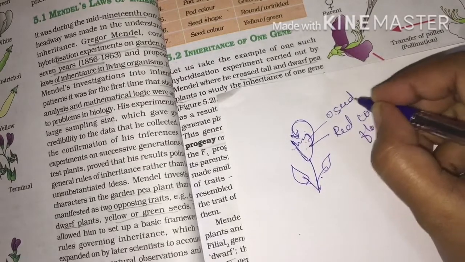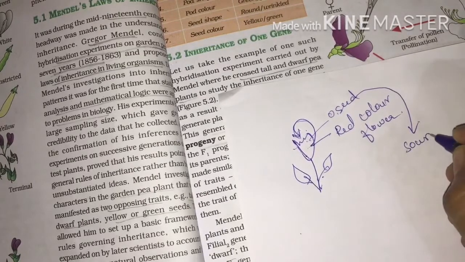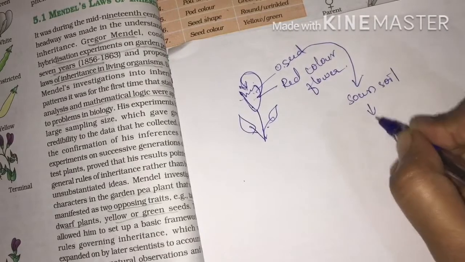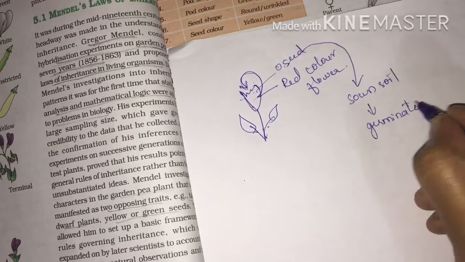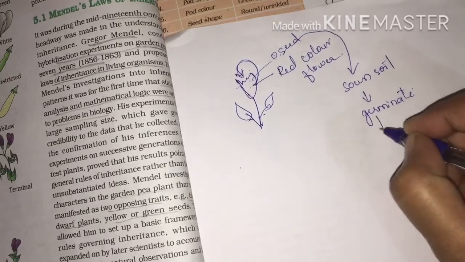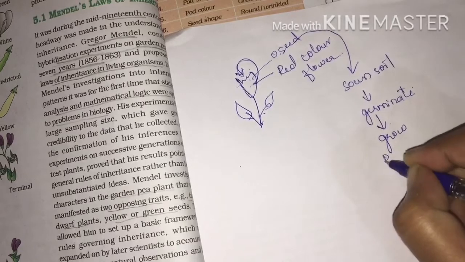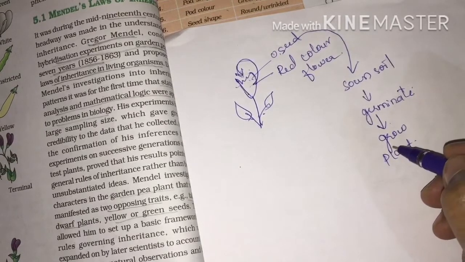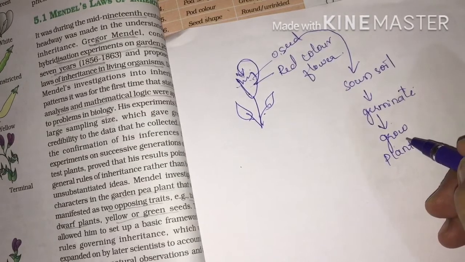Now those seeds will be sown inside the soil, right? Then what happens? It will germinate. Okay, seed will germinate. After germination, it will grow into a plant. Okay, many stages are there. I'm skipping all those. Seedling will be formed. Okay, small plant, then it grows into a huge plant.